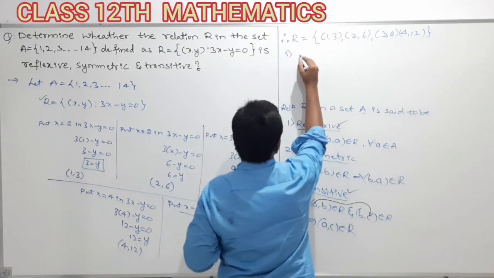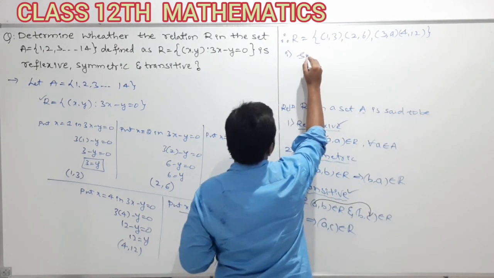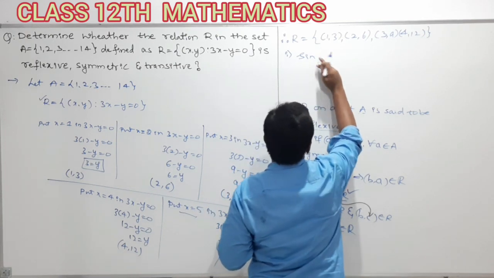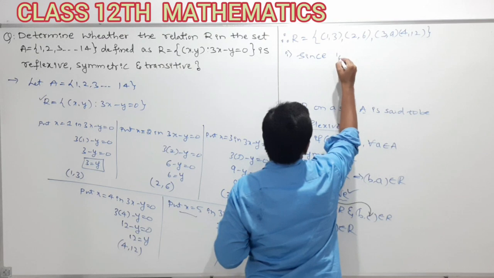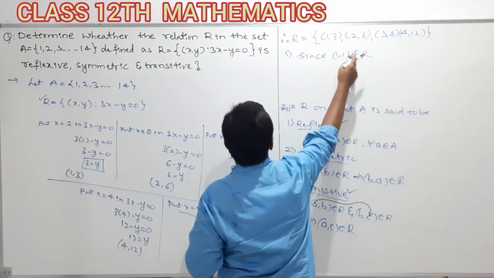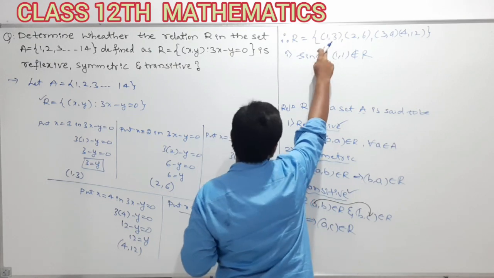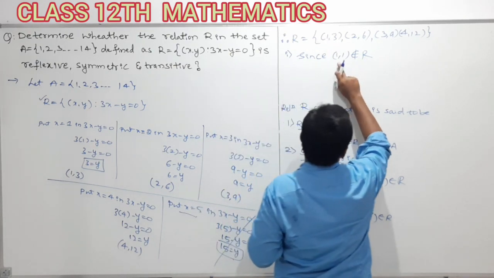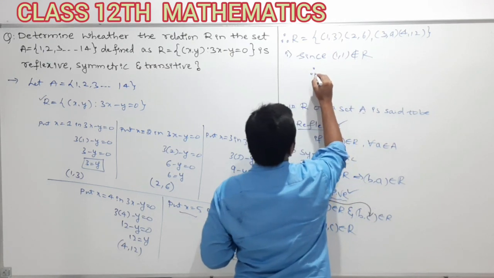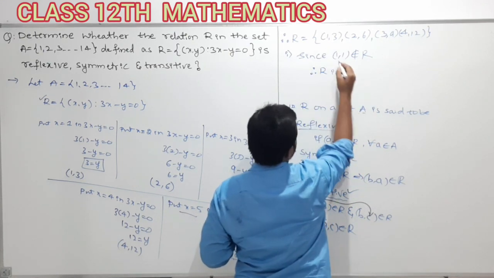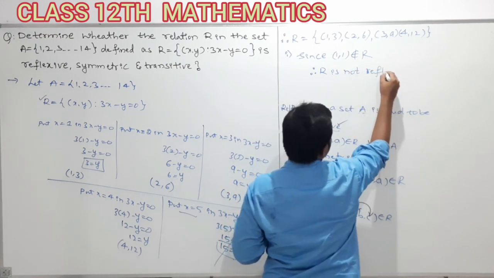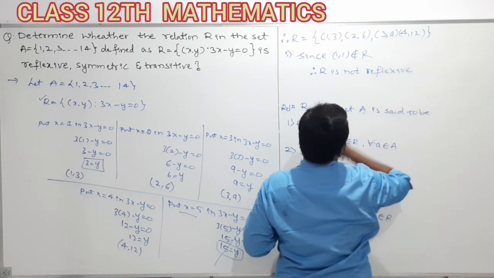Since the ordered pair 1, 1 does not belong to R, 1, 1 is not contained in the relation R, therefore R is not reflexive, my dear students.